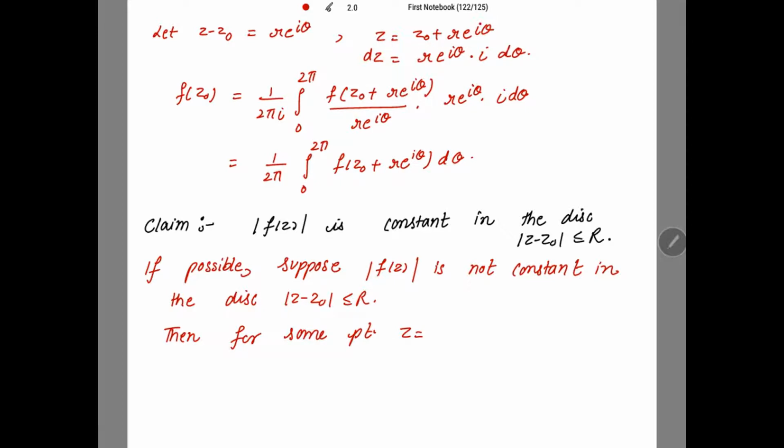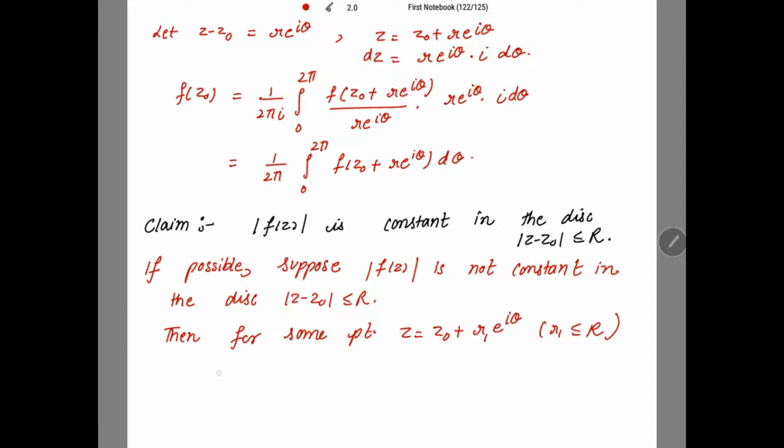Can I take any other point z equal to z0 plus r1 e to the power iota theta? r1 is just for any point, where r1 is naturally less than or equal to capital R.